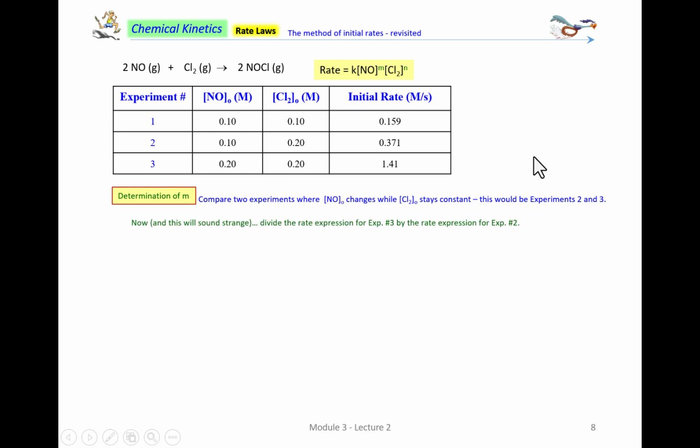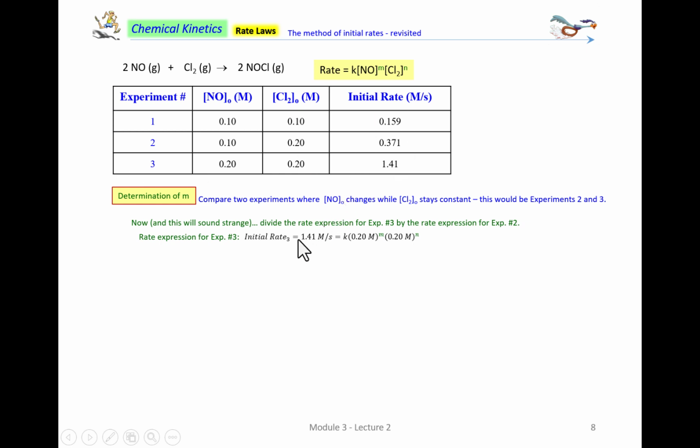Well, this will sound strange, but what we're going to do is divide what we call the rate expression for experiment 3 by the rate expression for experiment 2. To do that, we need to come up with rate expressions for experiment 3 and experiment 2, and this is straightforward. What we mean by the rate expression for experiment 3 is just the rate law in terms of experiment 3.